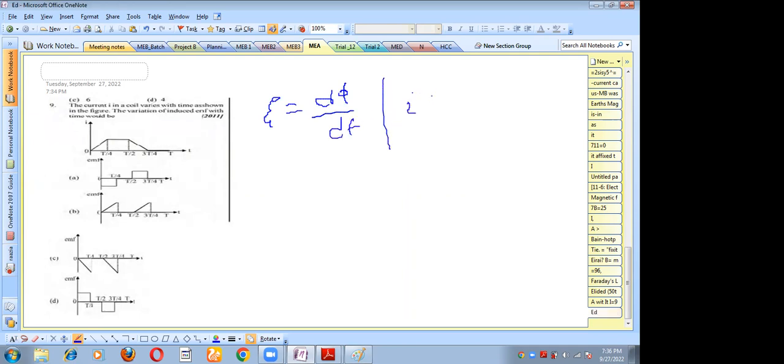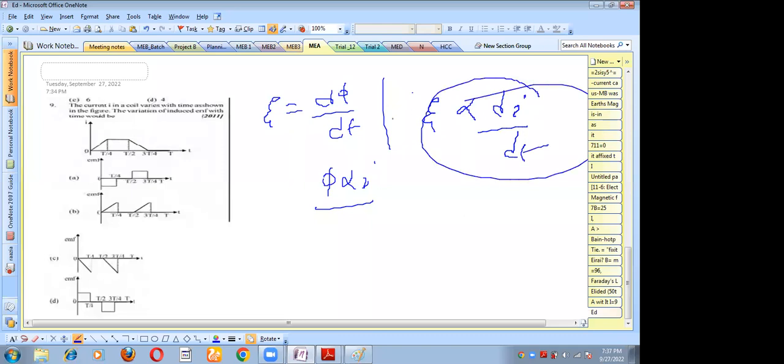Flux phi is proportional to current I, so directly you can write EMF is directly proportional to di by dt.